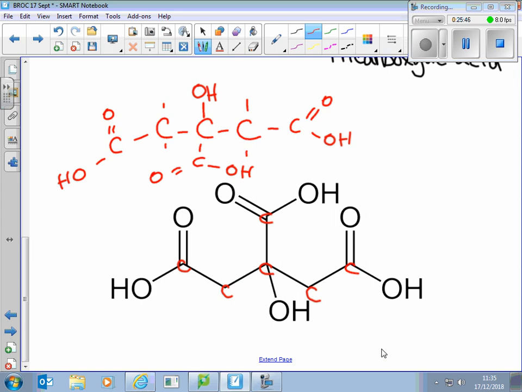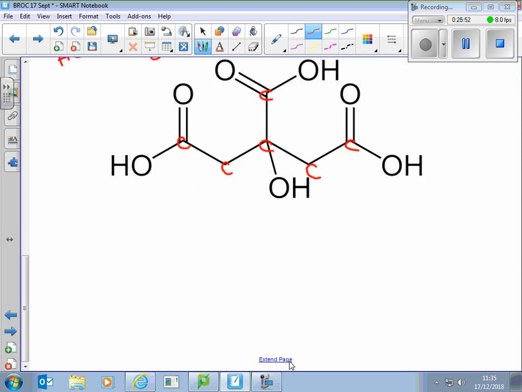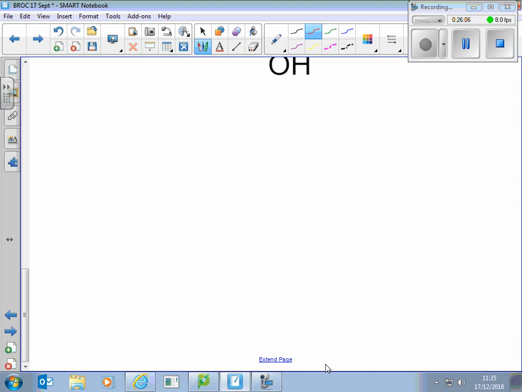I'll draw it for you because I want to draw it a particular way. You can draw it one of two ways. Are you all finding drawing software that's helping you with this? I keep trying on here, but it just won't for some reason. The propane 1,2,3 triol, just as a complete sidetrack.